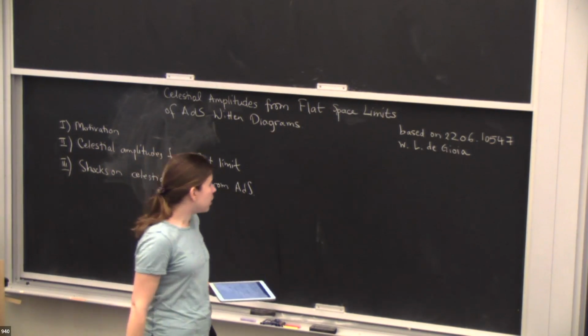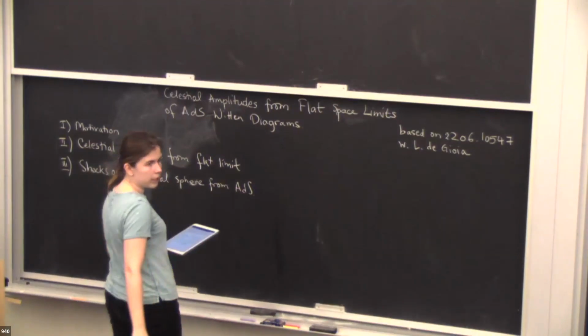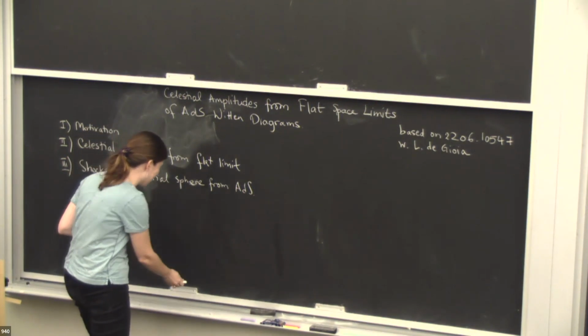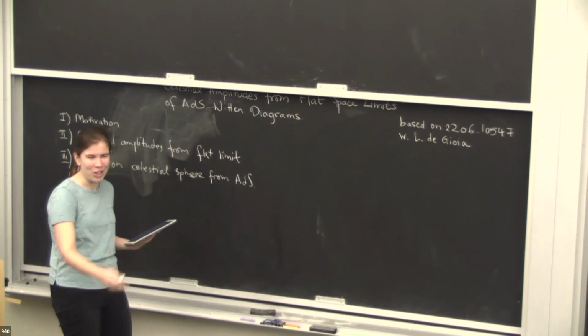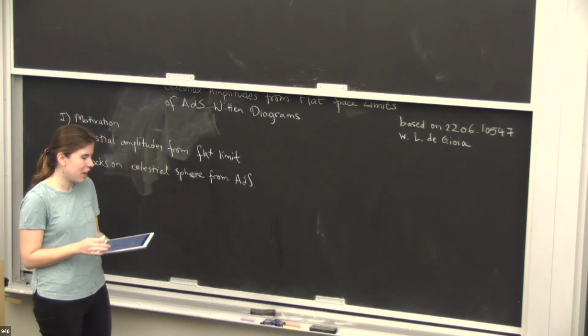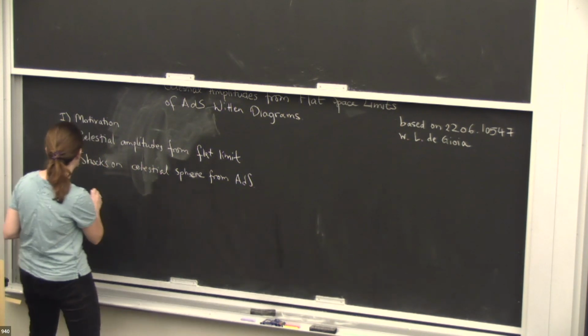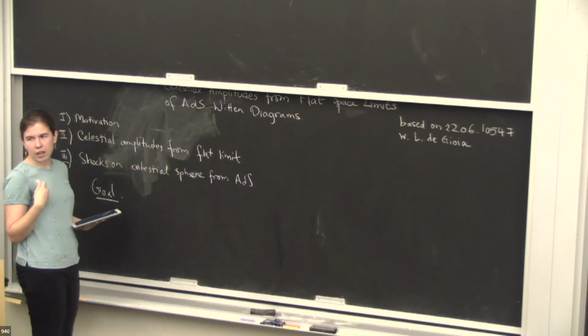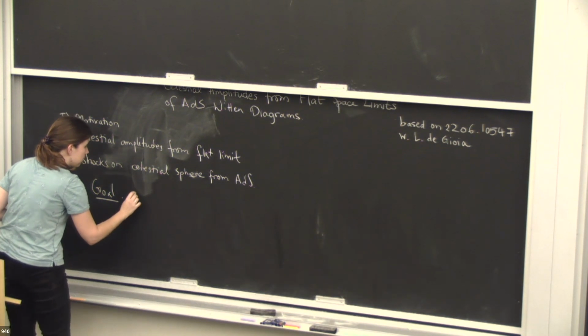So the broad goal of the program, which I guess Monica and me and other people are part of, is to try to formulate a holographic correspondence in asymptotically flat spacetimes.